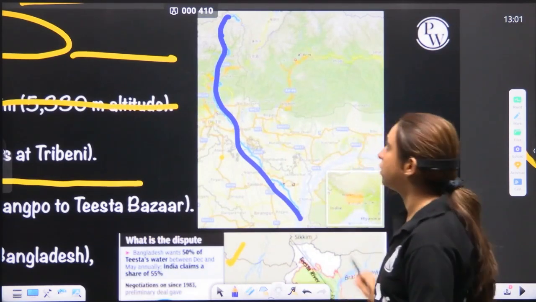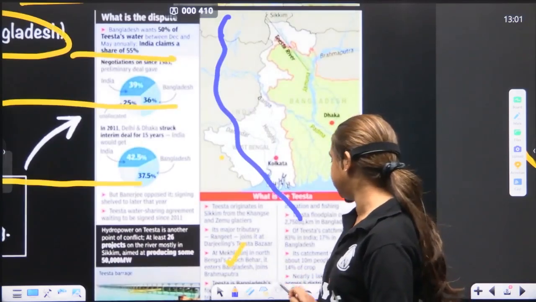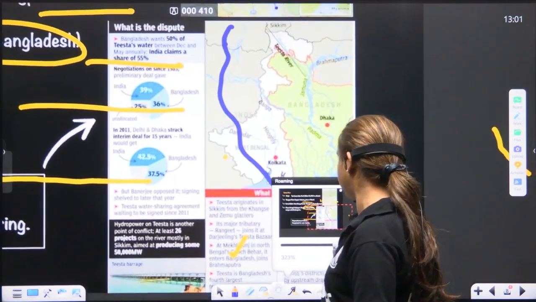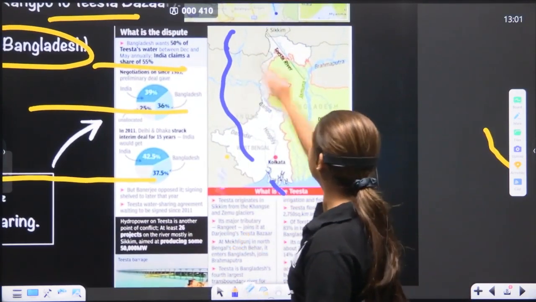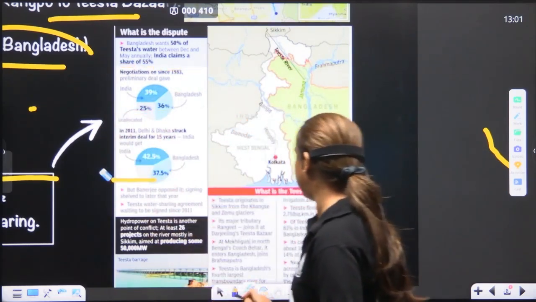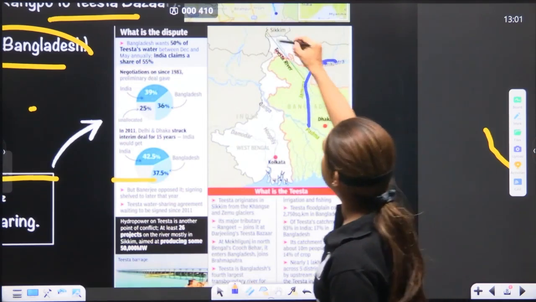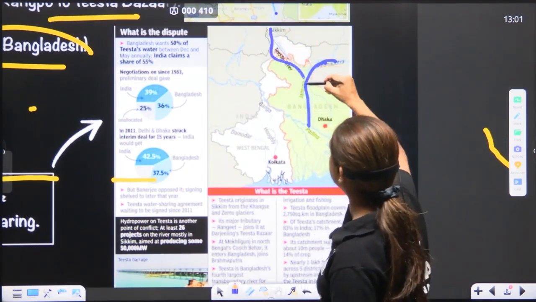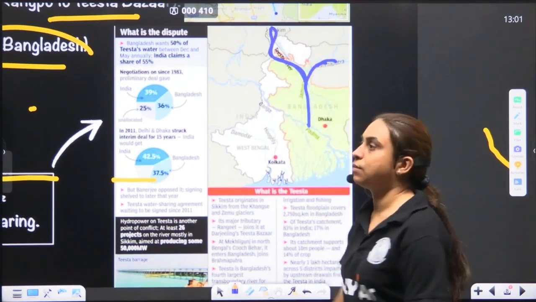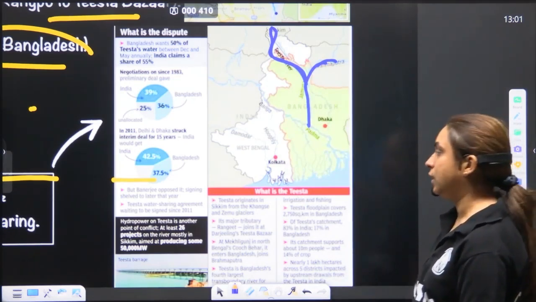Okay, if you look closely here, this is the Brahmaputra river that is going to Bangladesh, and here you have the Teesta river that is flowing through the Sikkim and West Bengal border, and that is joining the Brahmaputra in Bangladesh.